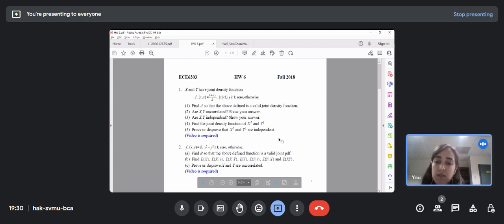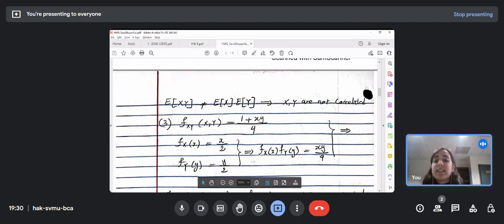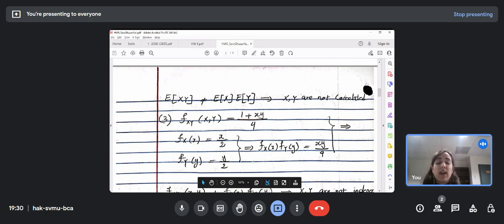And let's go to the other part. In the third part, we are asked whether x and y are independent. If x and y are independent, then f of xy is equal to f of x times f of y.